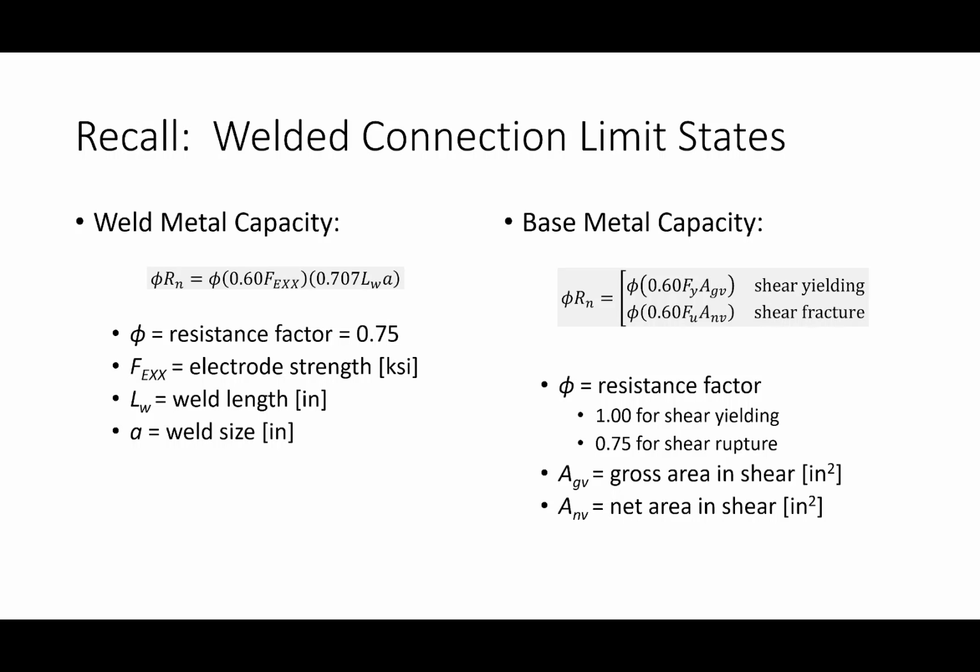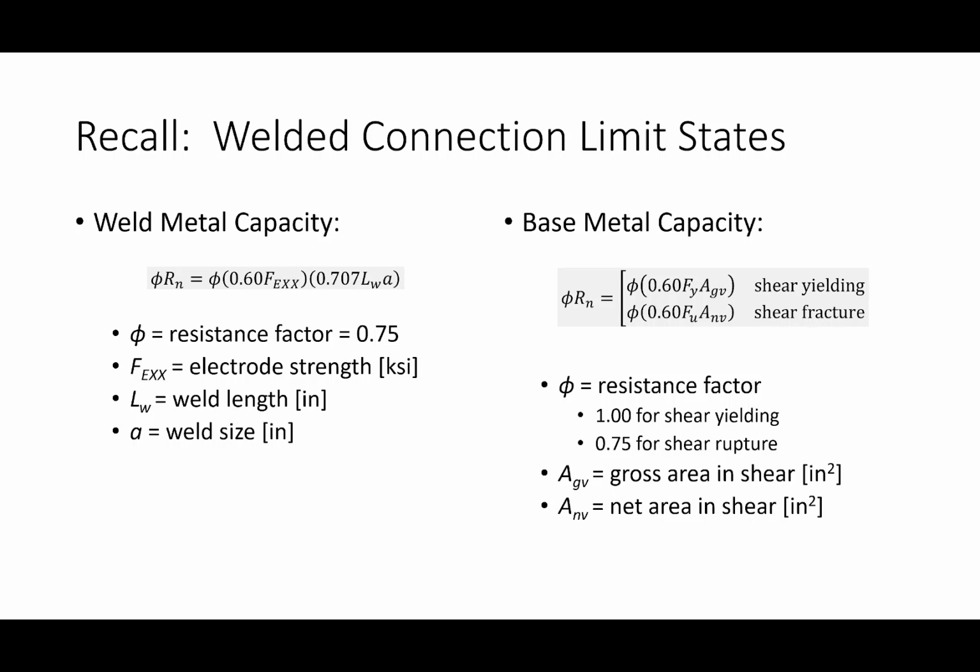As for the area, we take the length of the weld times the effective throat of the weld, and the effective throat is the weld size times 1 over the square root of 2. That comes from the trig relationship for the geometry of a weld, and that's about 0.707. So that's the weld metal capacity.